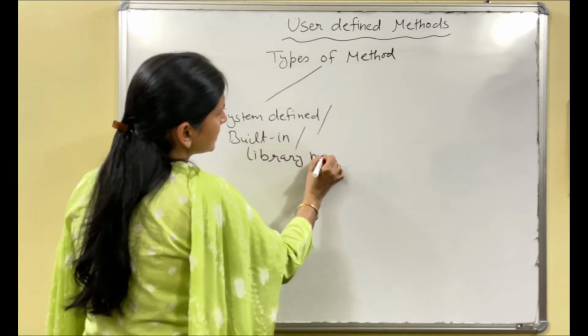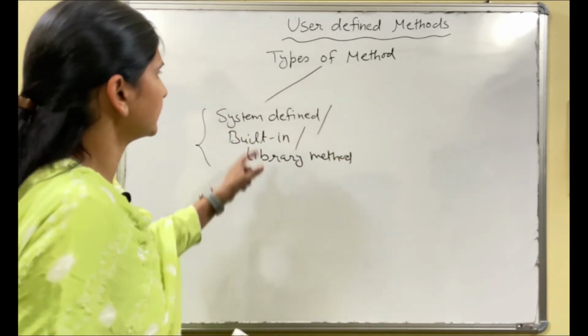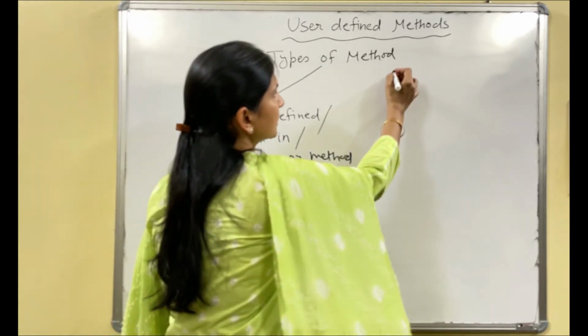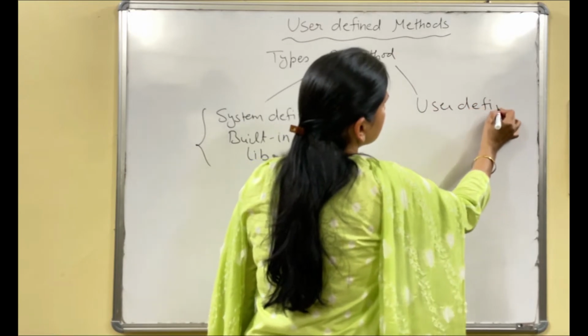So all these are the same. This is one type only. Either you call it system defined or built-in or library method. Another type is the user defined method.